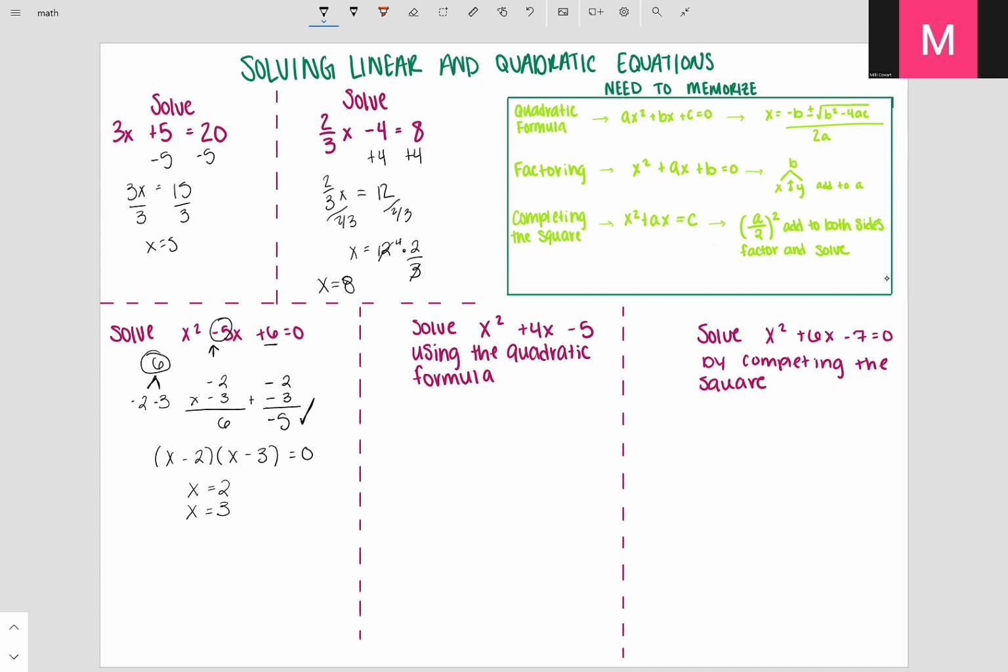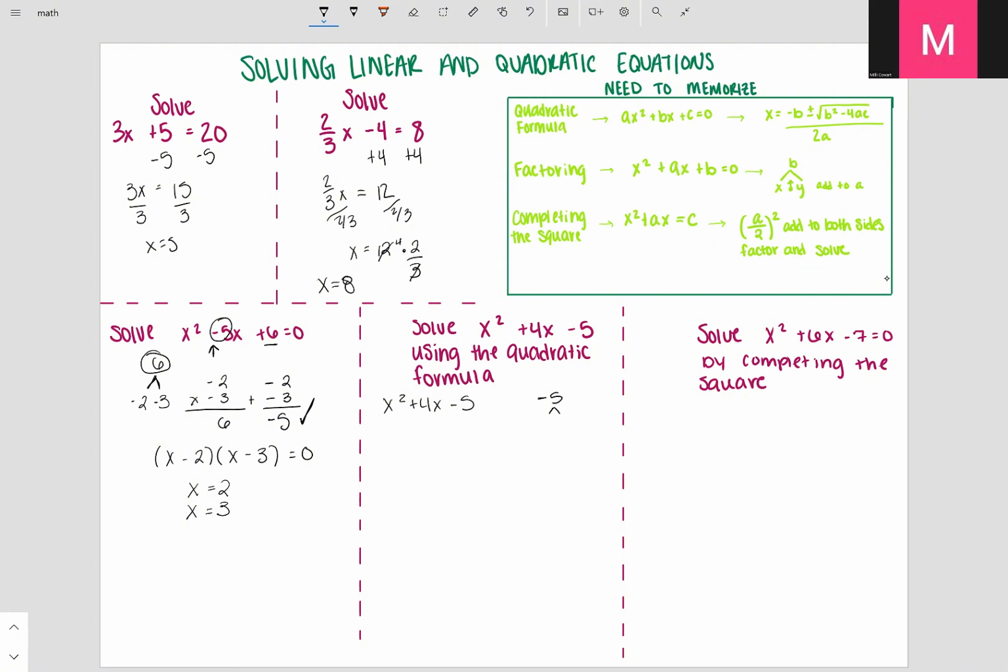Now, this one can be solved using factoring, but we're going to go ahead and do the quadratic formula on it. But just to make sure we get the right numbers, let's go ahead and factor it. So we have x squared plus 4x minus 5. We have our -5.